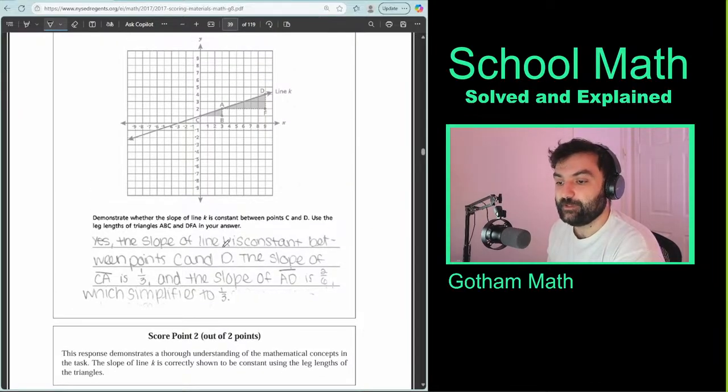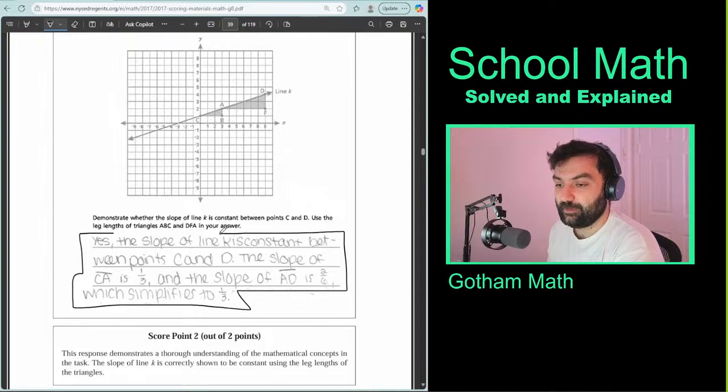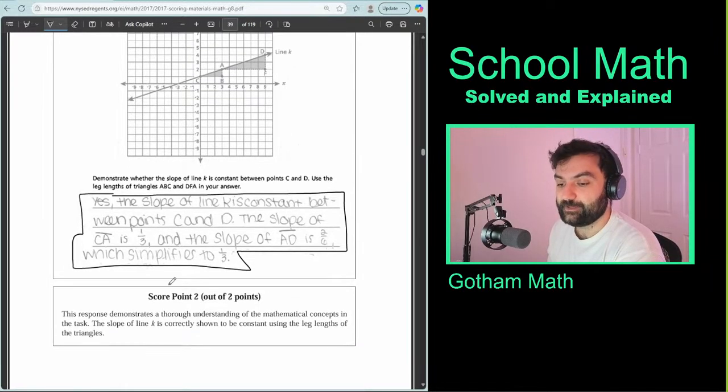Yes, the slope of line K is constant between points C and D. The slope of CA is 1/3, and the slope of AD is 2/6, which simplifies to 1/3. Very good answer, very well written, and the most important part, the handwriting is understandable. So it was easy to read. All right, so that's good.